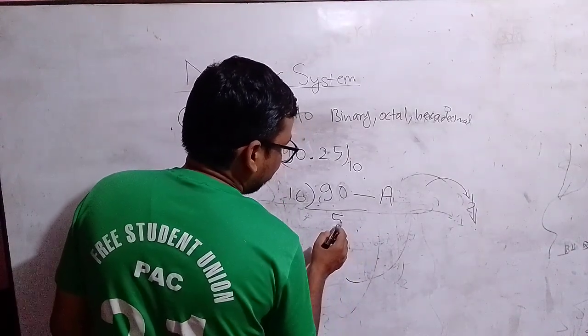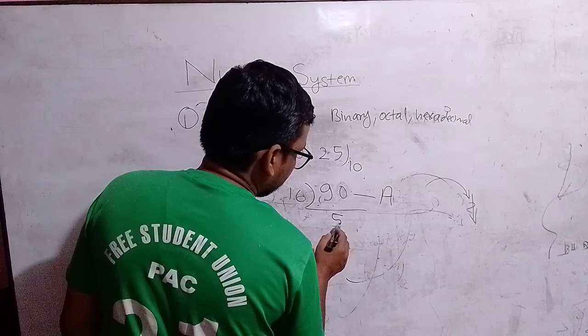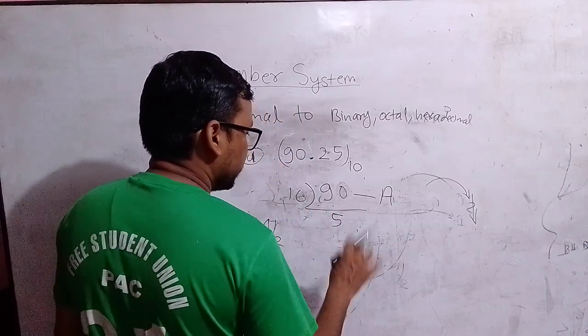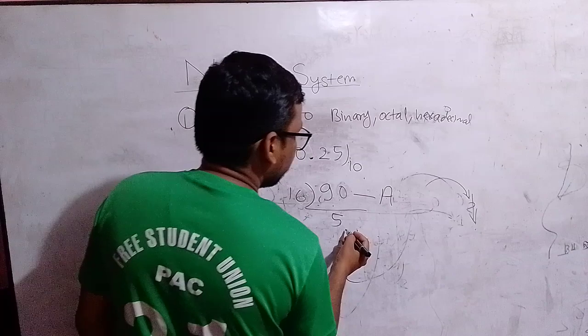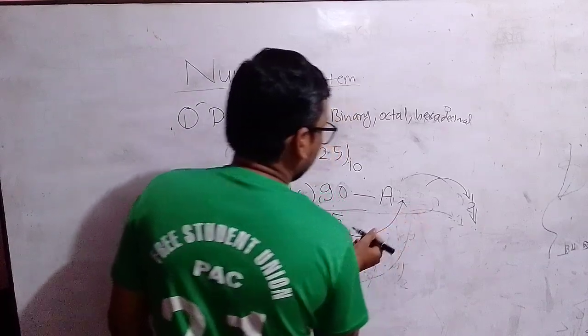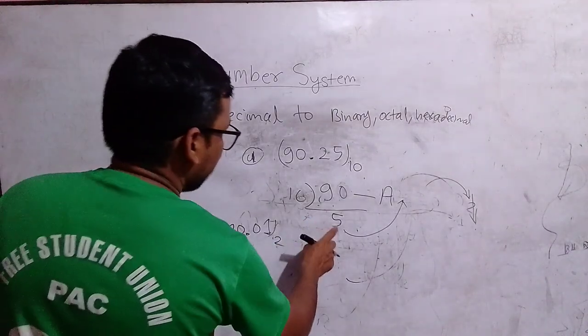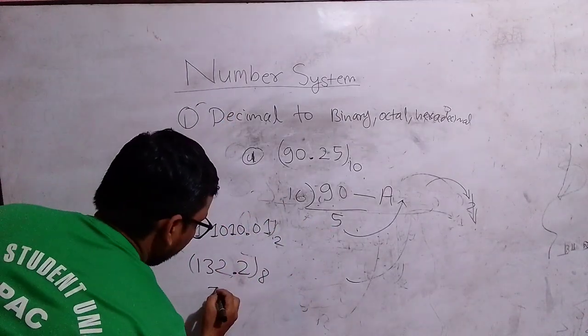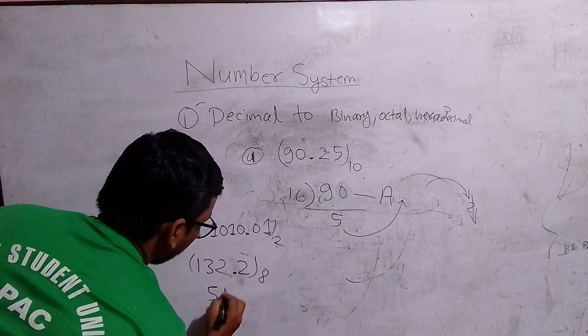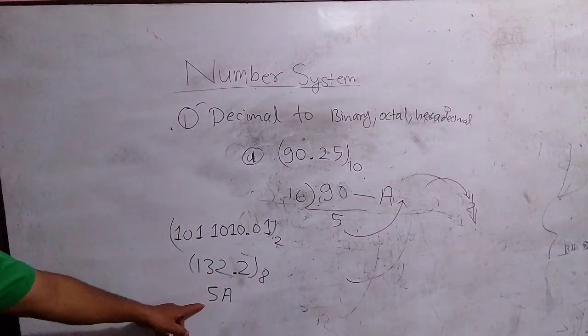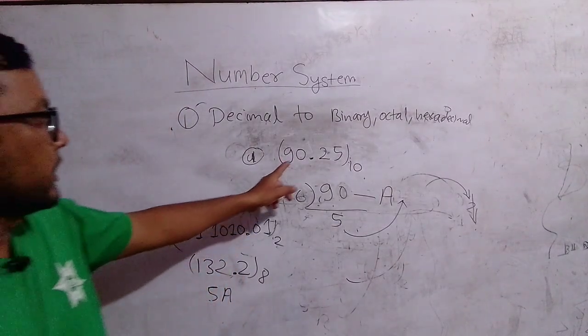We obtained 5, which is less than 16, so we need to stop the iterations. And we need to organize from bottom to top for the integer part. So the equivalent hexadecimal of 90 is 5A.